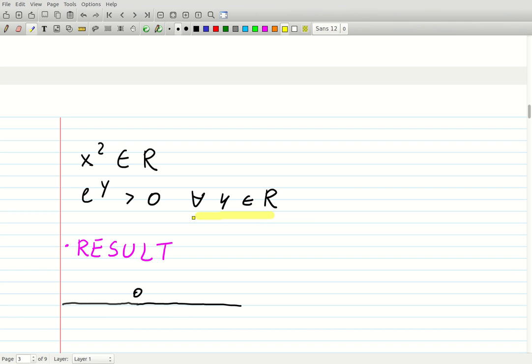Okay, so the fundamental point is e to y is greater than 0 for every real number. What we obtain from x squared is a real number, so our inequality is always verified.